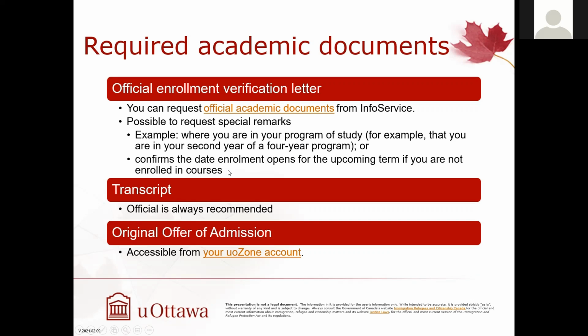Let's say you're not enrolled in courses for the upcoming term because enrollment's not open. You could ask them to add a comment that confirms the date enrollment opens, so that IRCC can see, okay, not enrolled because it's not possible to be enrolled yet. It's not just that you're not studying, you know? So that is possible. That's the official enrollment verification.